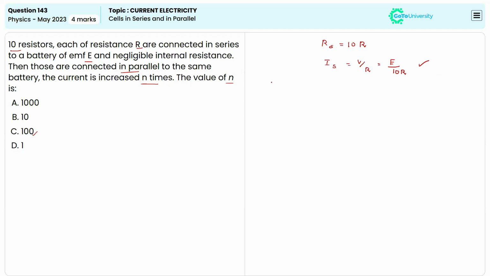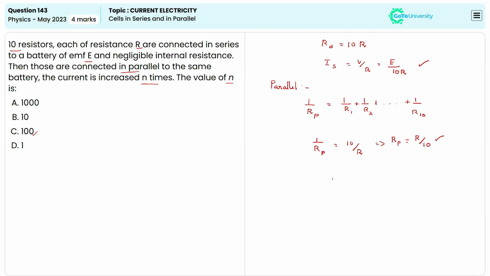Now, what will happen in case of parallel connection for the resistance? It's known that when we calculate the total resistance in a parallel connection, it will be equal to 1 divided by R1, plus 1 divided by R2, and so on, plus 1 divided by R10, right? So here we can write 1 divided by Rp is equal to 10 divided by R, or from this we can write the total resistance in the parallel connection will be equal to R divided by 10.